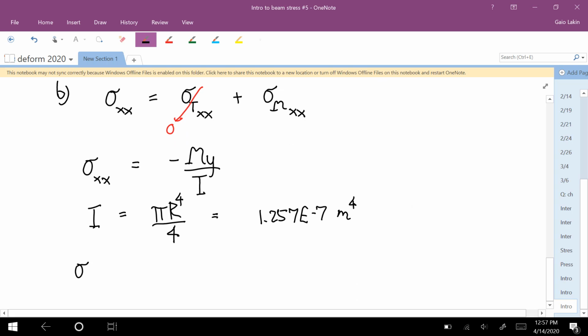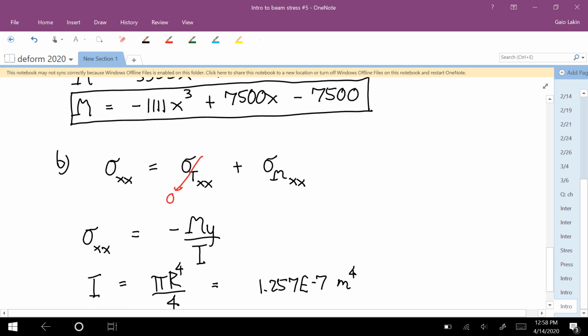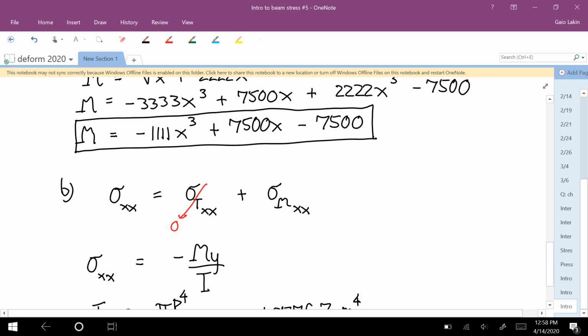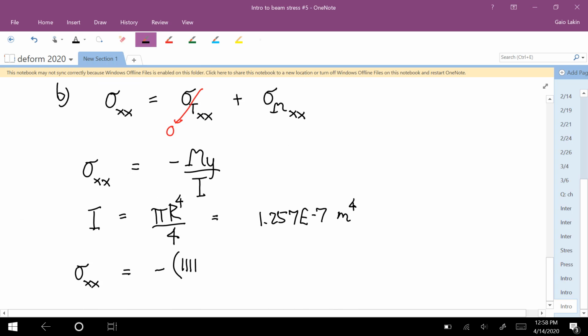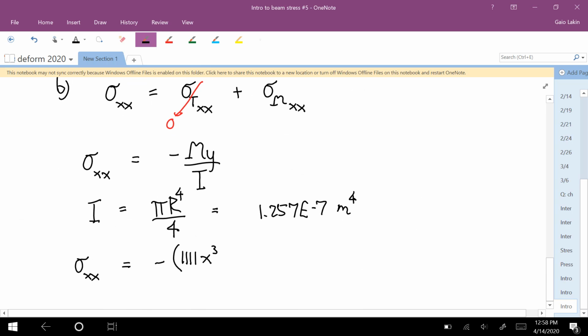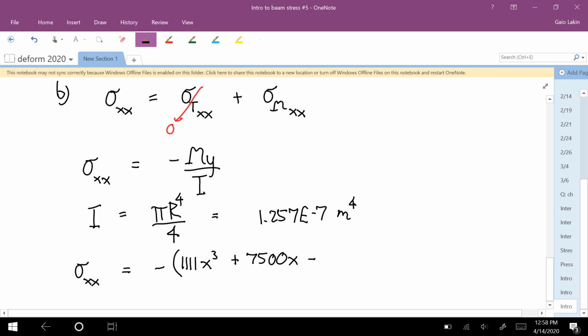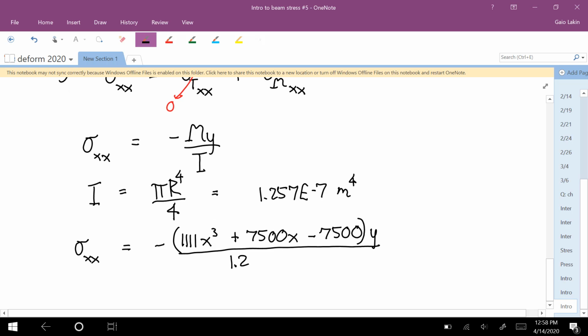So, okay, we know that the stress as a function of x and y is going to be negative 1,111 x to the third plus 7,500 x minus 7,500 times y, and then divided by 1.257 times 10 to the minus 7.